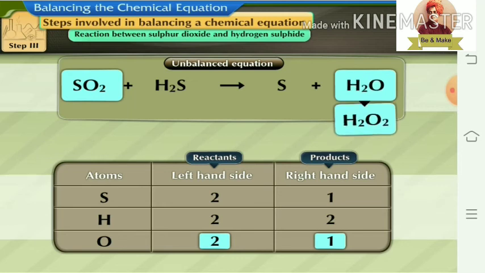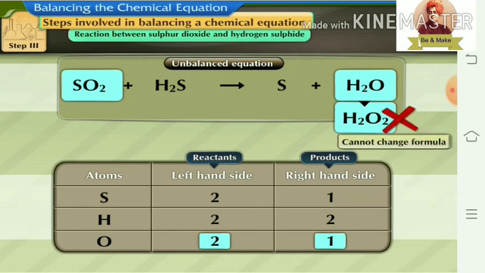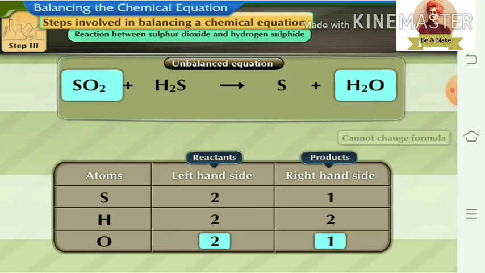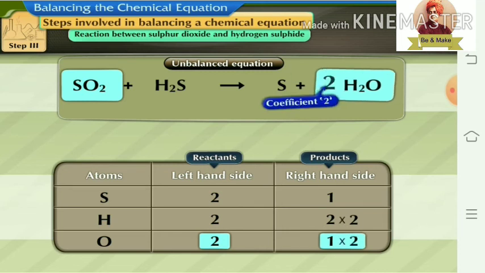Now here in case of SO2, oxygen are 2, in H2O 1. So we have to calculate this oxygen number at both sides and we have to make it equal. How to make it equal? Without changing the formula of the substance or compound. So we have to multiply this water molecule by 2 coefficient.